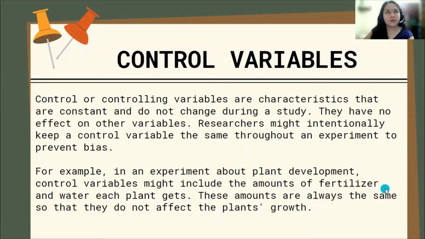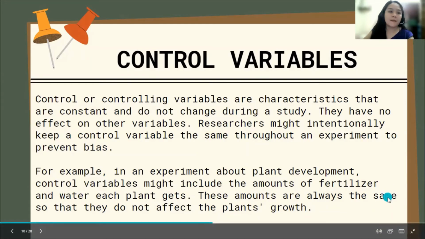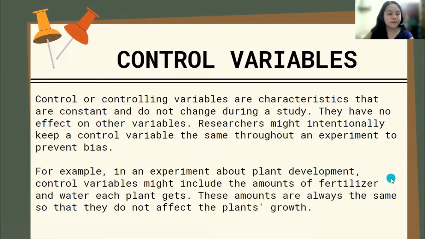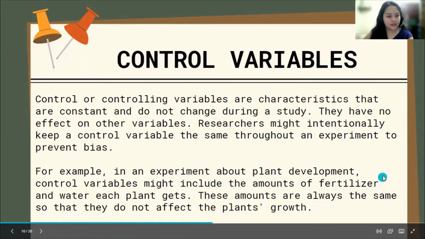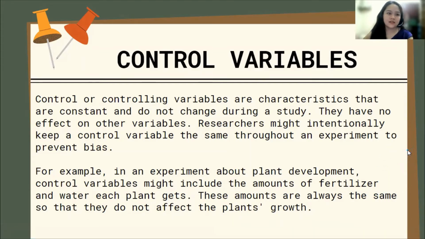Kung ang ini-study mo is the amount of sun exposure, so you don't need to vary the amount of fertilizer that you put in the plant and the water that they get because hindi naman yun yung ini-study mo. It is the sun exposure. So the control variables ay nandun sa study mo pero hindi siya nakaka-apekto sa study mo.